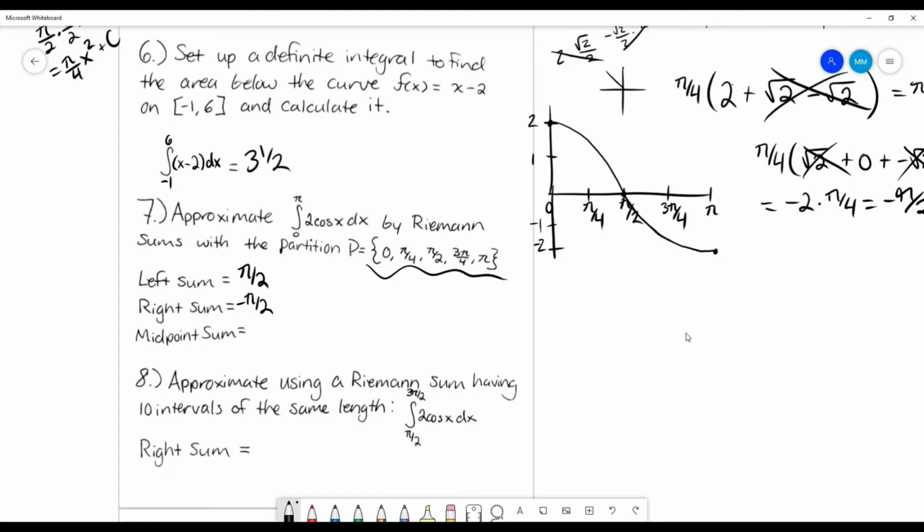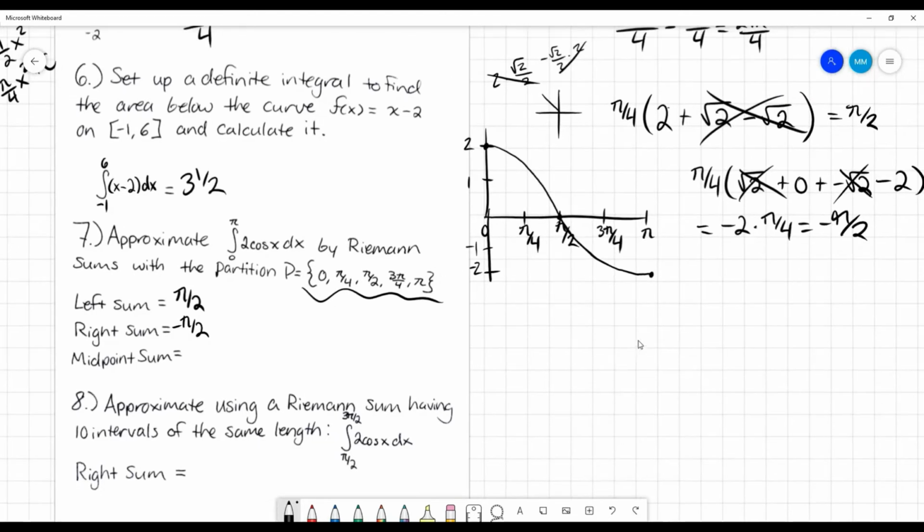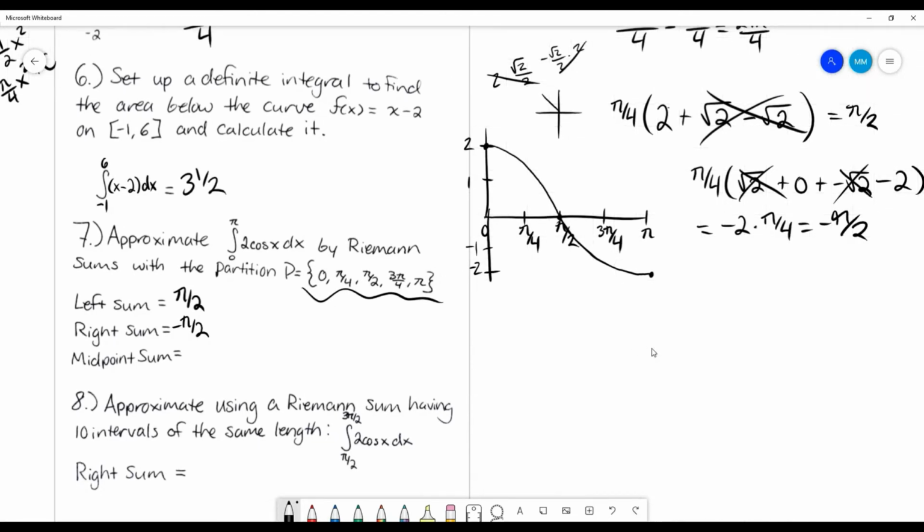And then our midpoint sums, a little different. So we're going to have a rectangle here. I'm going to have that pi over 8. It goes right up. And this is the rectangle that forms now, because it goes right smack dab in the middle of these.